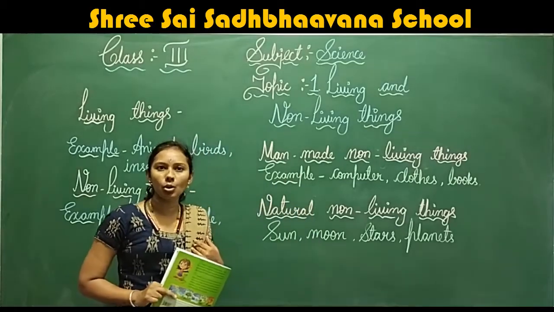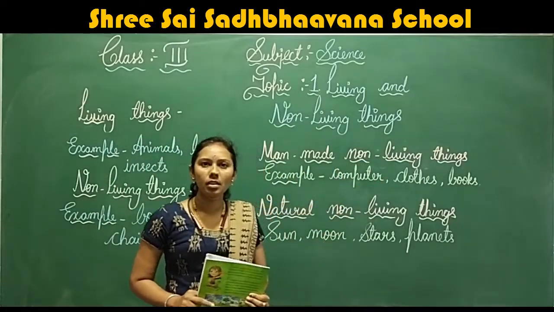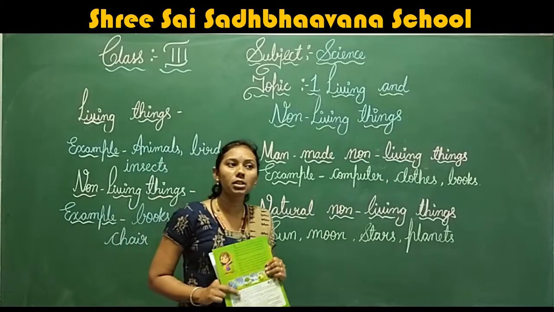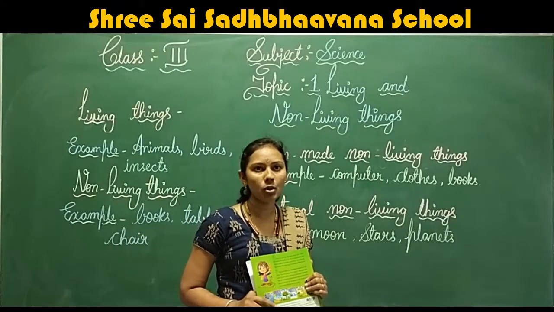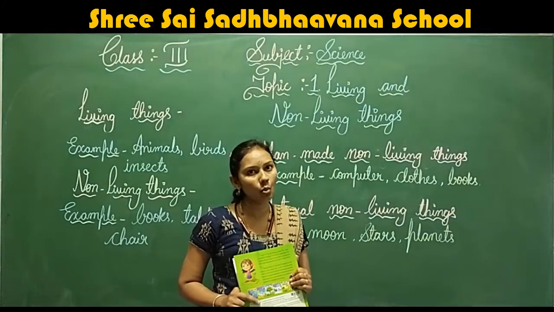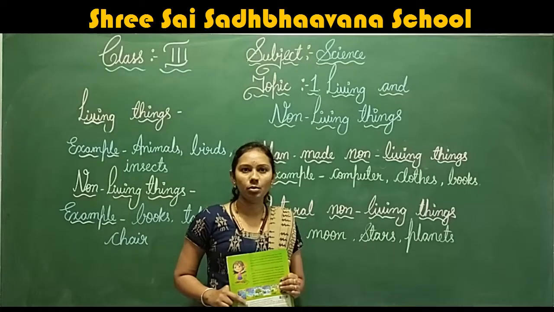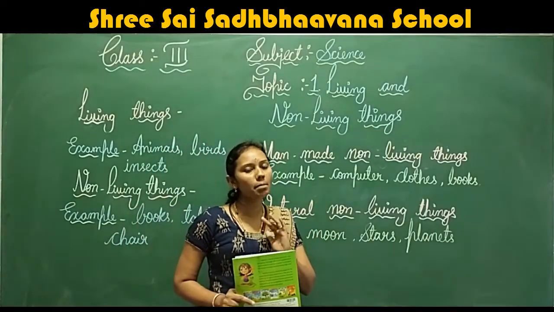So those things are called man-made non-living things. As I told you, computer, television, book, these are man-made non-living things. Does it move from one place to another on its own? No, it doesn't move. So that means these are things which are made by a man.